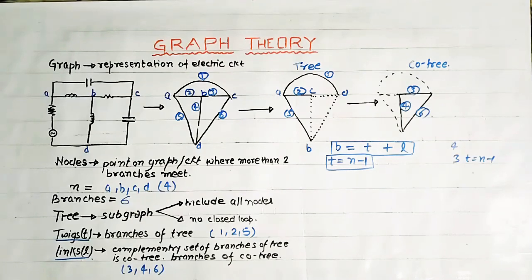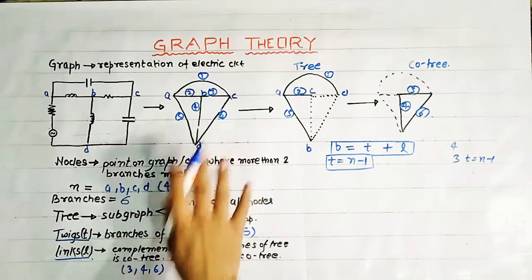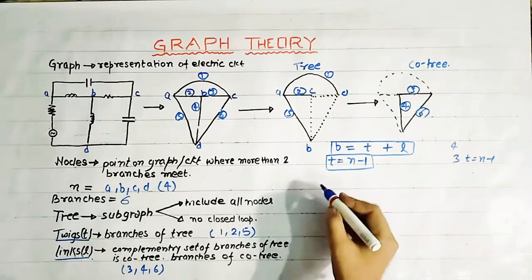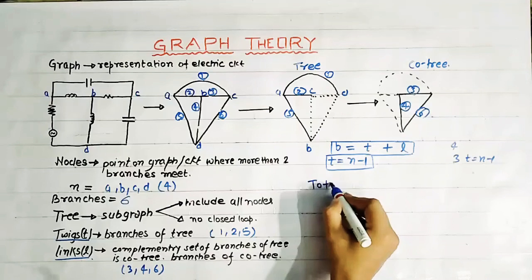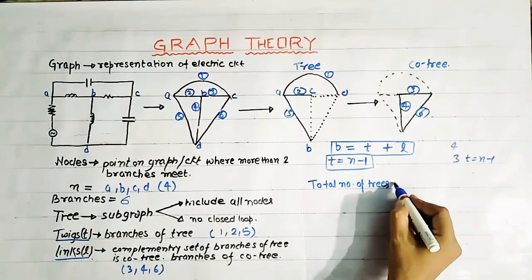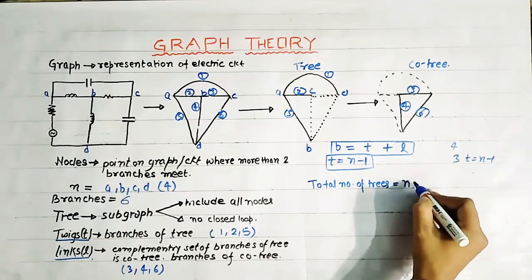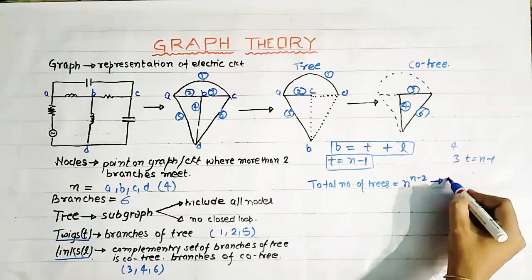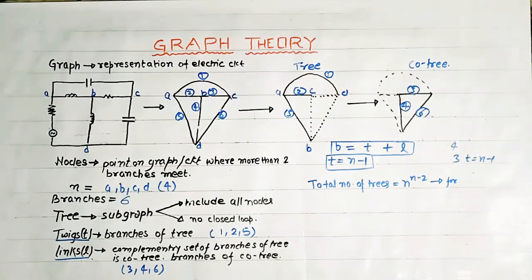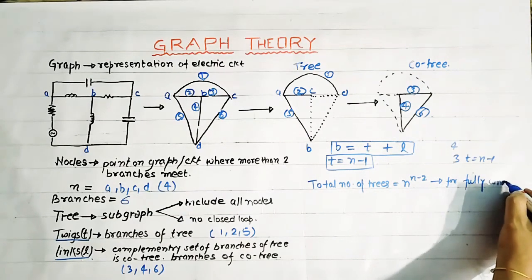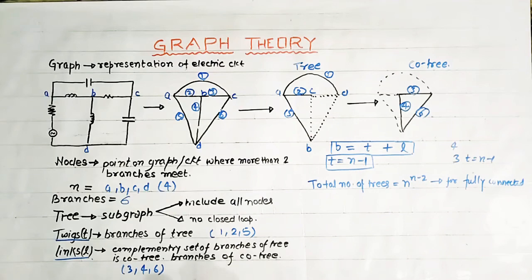Now there are many possible trees for a given graph. This is one of them. So how do we find the number of trees? Total number of trees is equal to n to the power n minus 2 for a fully connected graph.